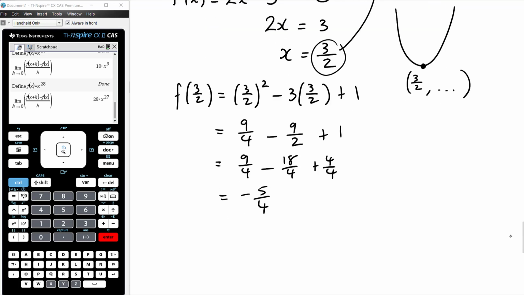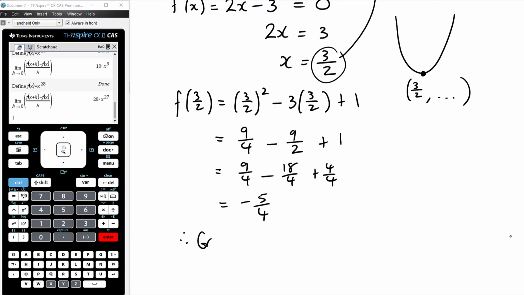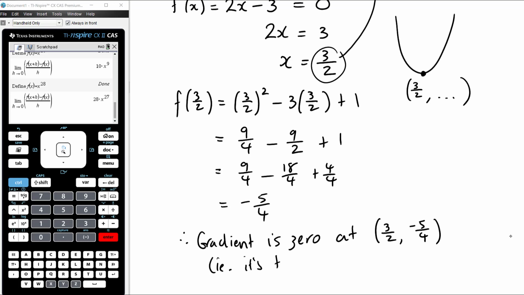Okay, so therefore, gradient is 0 at the point 3 on 2, negative 5 on 4, which makes this the turning point.